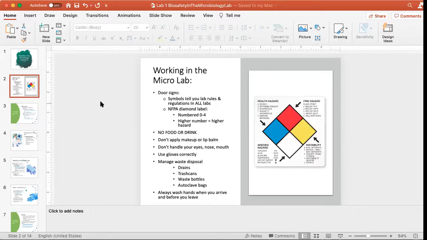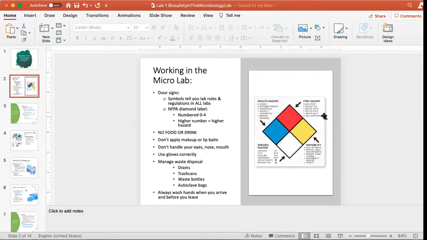And these door signs are universal. You can see over here on the right side of your screen, this diamond shaped label, and it has 4 colors in it.